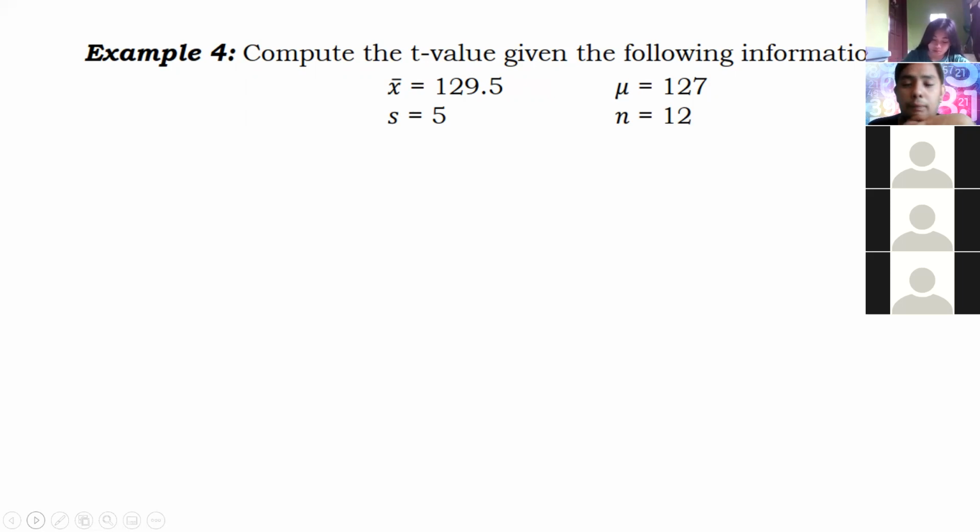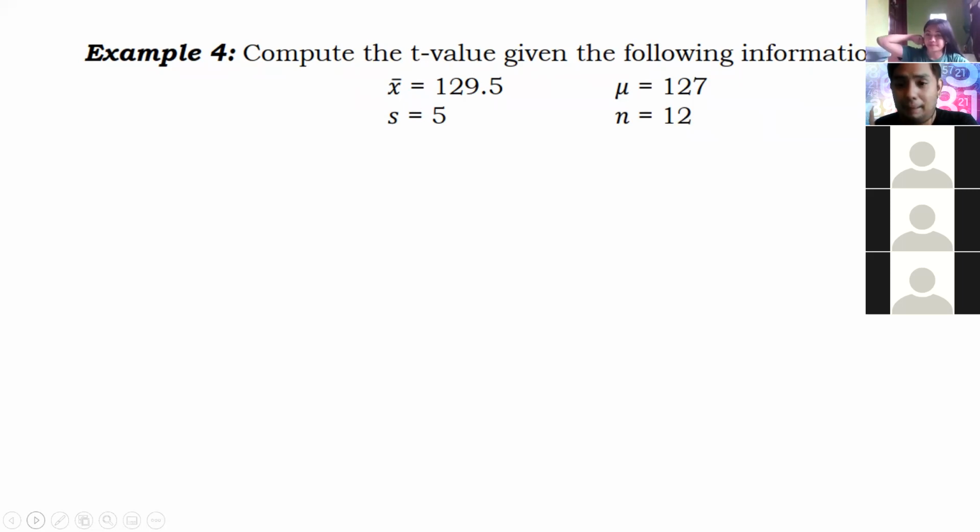Ang sample natin ay 12 pero hindi given ang population standard deviation. Ang given sa atin ay sample standard deviation kaya mananatili siyang t-test.